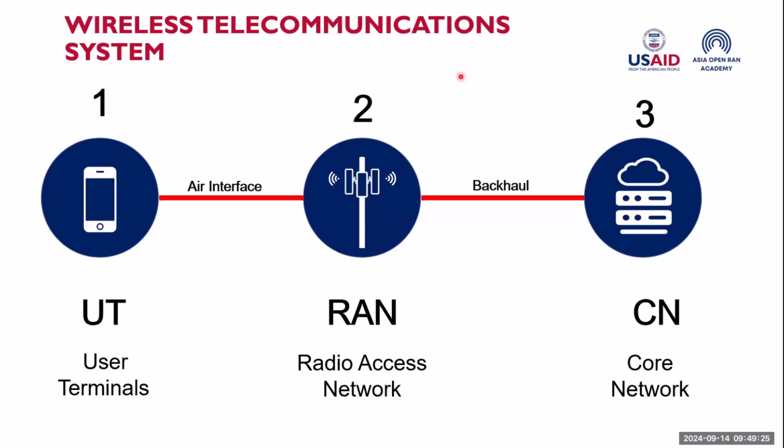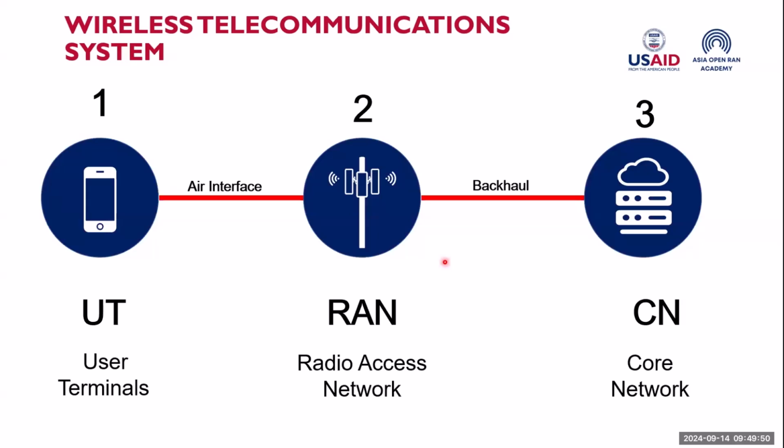In all wireless systems, whether 2G, 3G, 4G, or 5G, we are looking at the same architecture. You need a user terminal, a radio access network, and a core network, and you can implement this architecture for 2G, 3G, 4G, and even 5G.